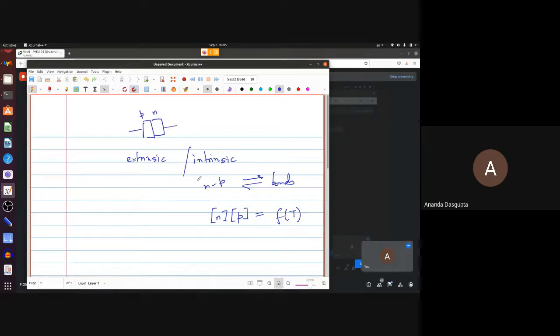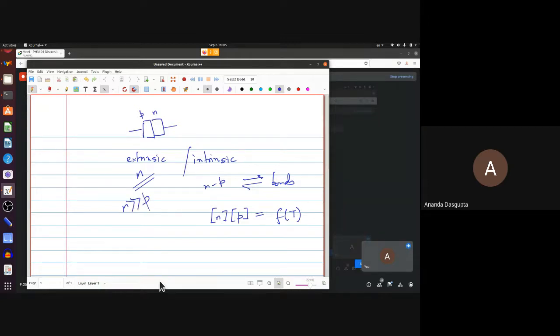Now, this particular process, bonds breaking to produce electrons and holes, actually keeps on happening even in an extrinsic semiconductor, right? It's not as if in an extrinsic semiconductor suddenly you have only electrons and no holes, and no bond breaking takes place. But you have to realize one thing: suppose I have an n-type semiconductor, you have many more electrons.